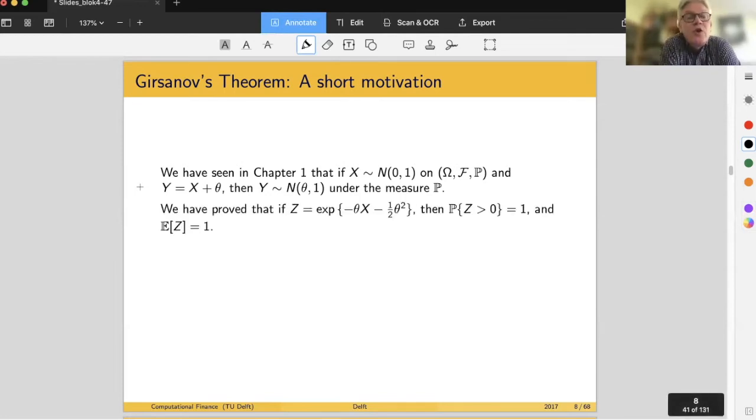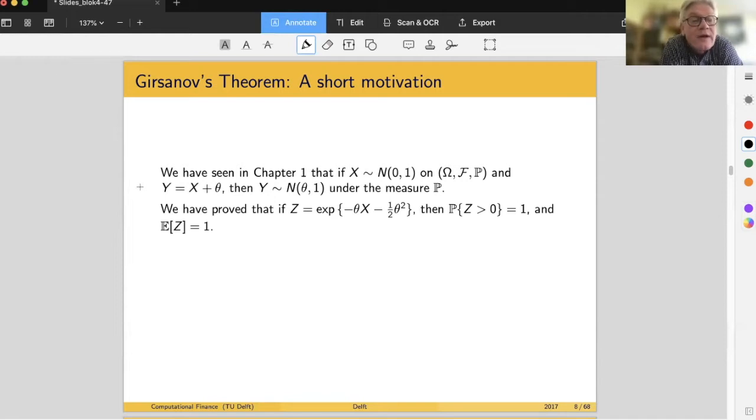However, we have shown that for a random variable Z defined as e to the power minus theta X minus 1/2 theta squared, the probability of Z greater than 0 is equal to 1 almost surely, and moreover that the expected value of Z is equal to 1.